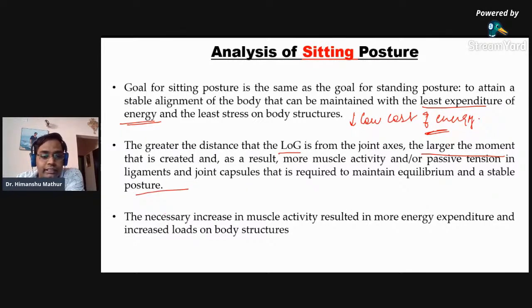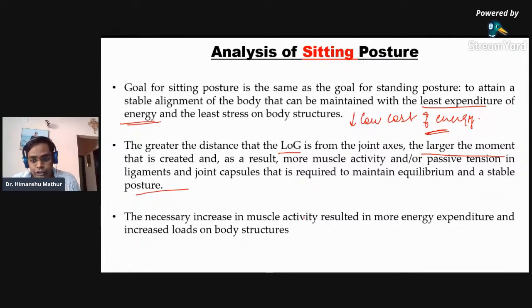Now, the necessary increase in muscle activity results in more energy expenditure, and this is something the physiotherapists address. This is the reason why I told you, you should always take a very comprehensive assessment or examination of the people who are coming to you, because if they sit too much, they'll eventually slouch down.